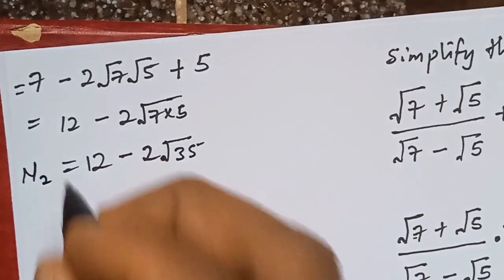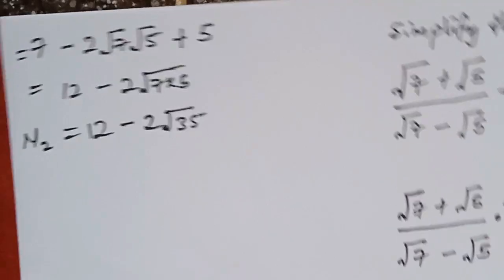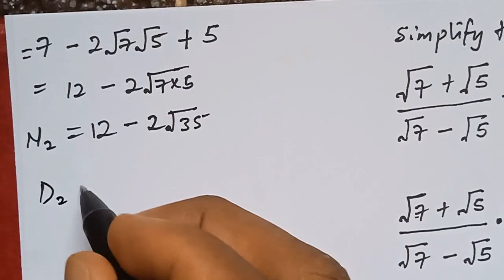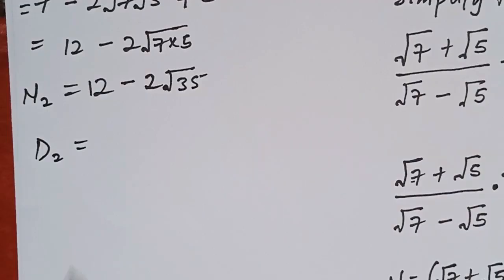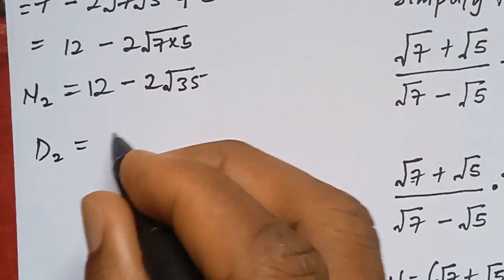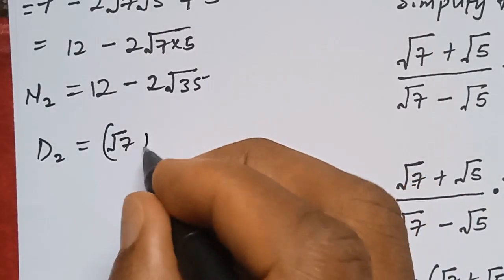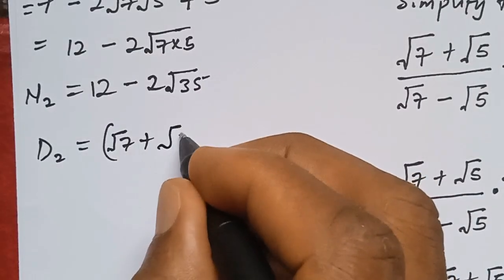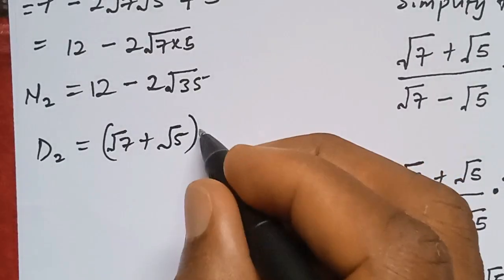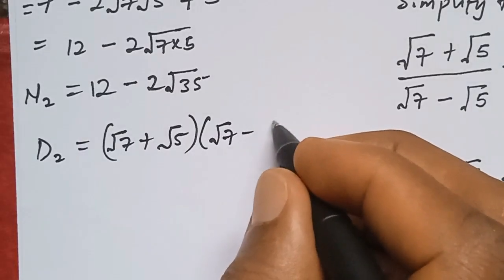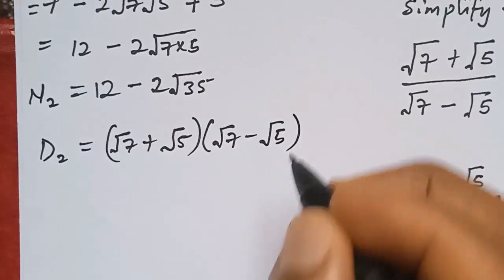So this is also for numerator 2. Now let's go for the denominator 2. So that is d2. Okay, and that gives us square root of 7 into bracket plus square root of 5, close the bracket, multiply by square root of 7 minus square root of 5.